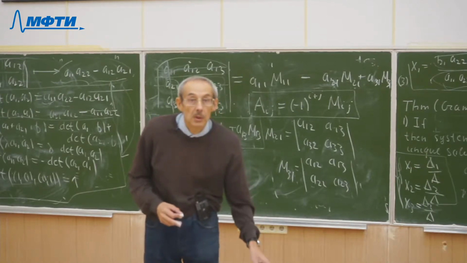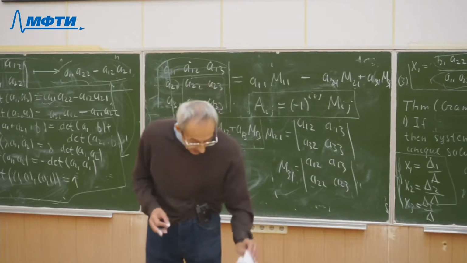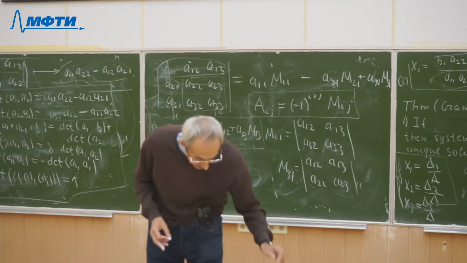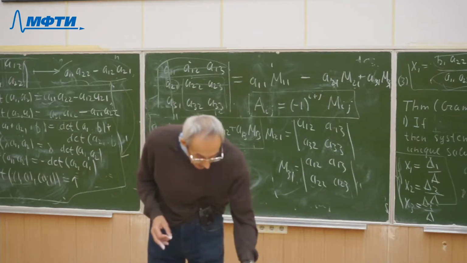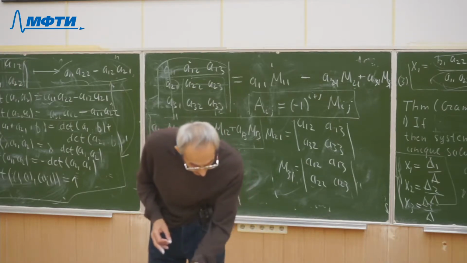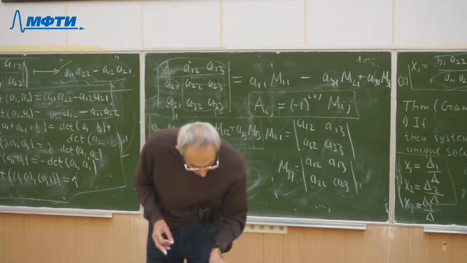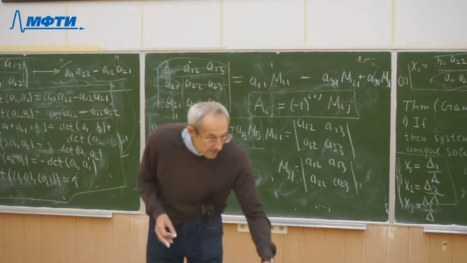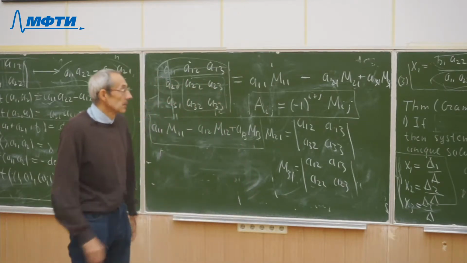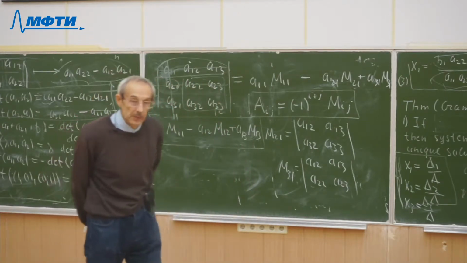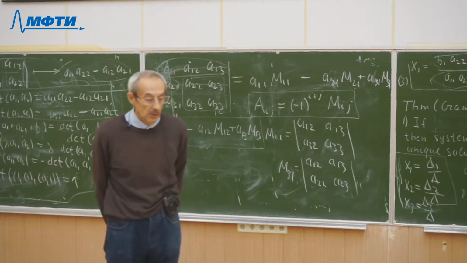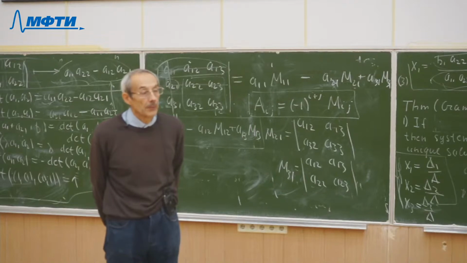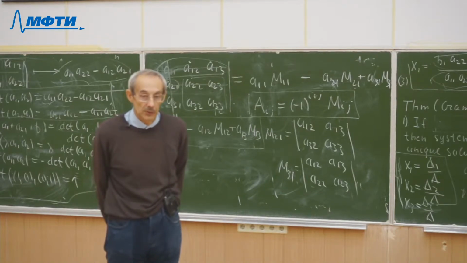I'm going to discuss the important geometrical notion of the cross product, which is closely connected with the definition of the determinant.